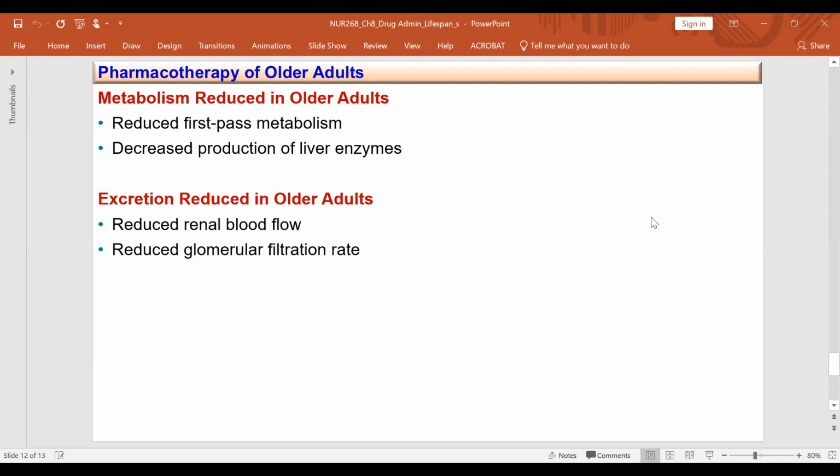So older adults are at high risk for experiencing adverse drug reactions and interactions. And the main reason is that they take too many drugs, polypharmacy. The average number of medications for a 65-year-old is 4 prescribed and 3 over-the-counter medications, a total of 7 medications, at least that's the average.